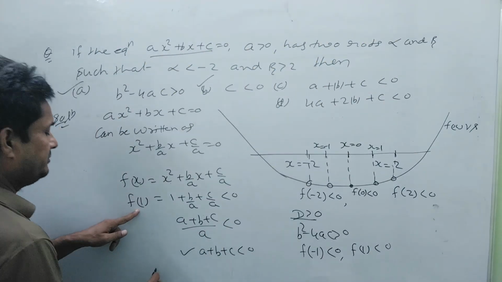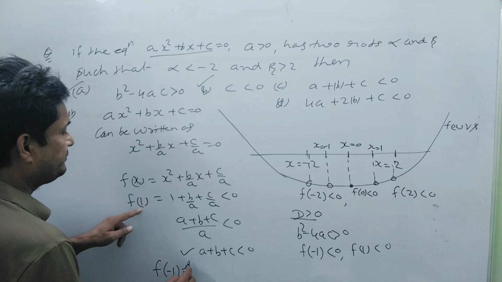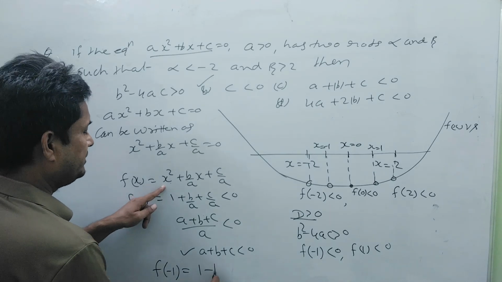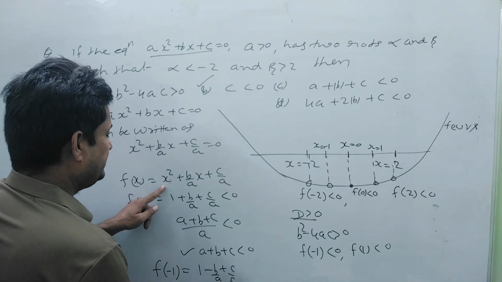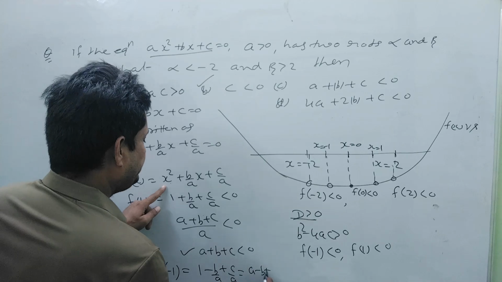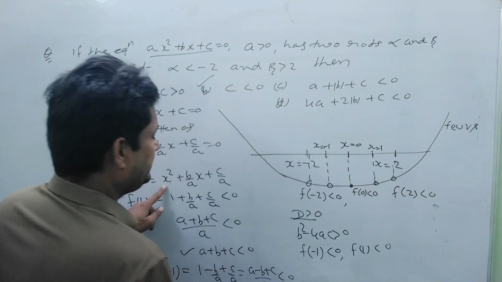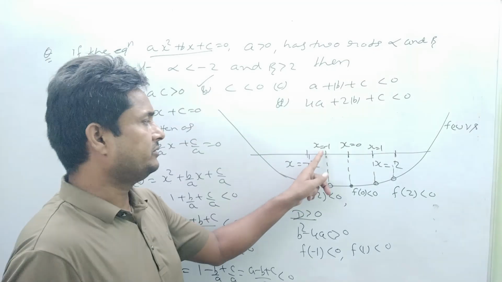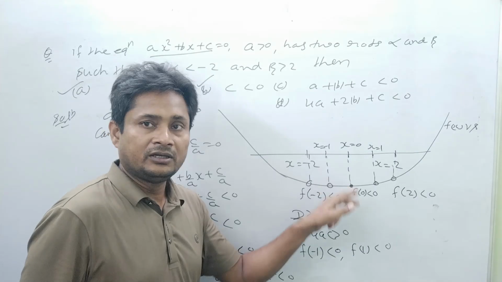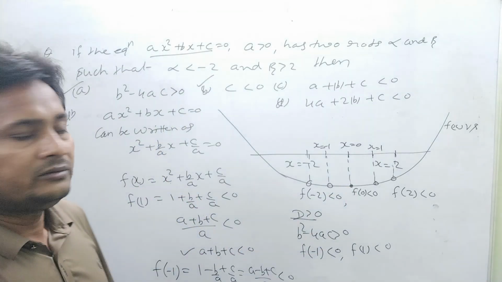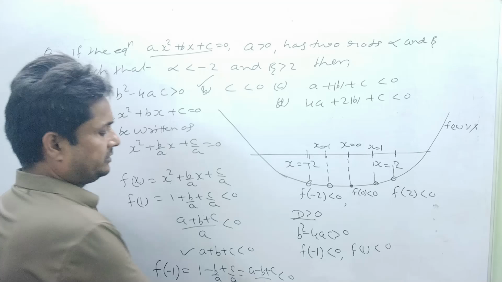Find out f of minus 1 also. F of minus 1 will be 1 minus b by a plus c by a. That means a minus b plus c by a. This will be negative value because at x equal to minus 1 and 1, both giving negative value. Simplify this one.